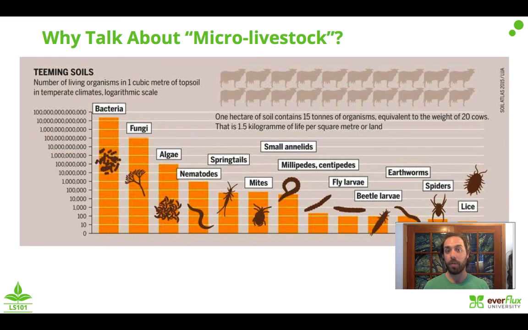And so we're going to talk about a few of them that are really crucial to the ecosystem, and if you introduce them intentionally, are going to help you to start to build a healthy ecosystem that is cycling organic matter, providing fertility for your plants, and keeping out pests.